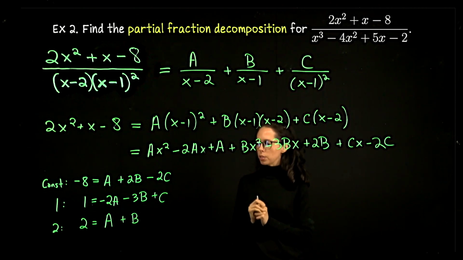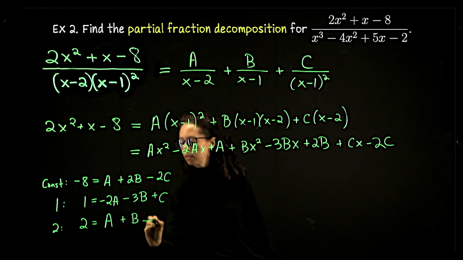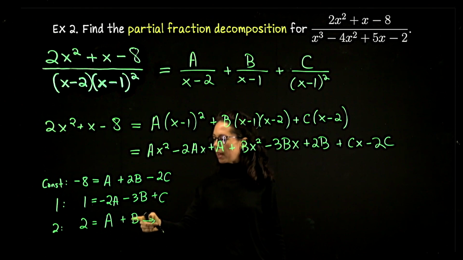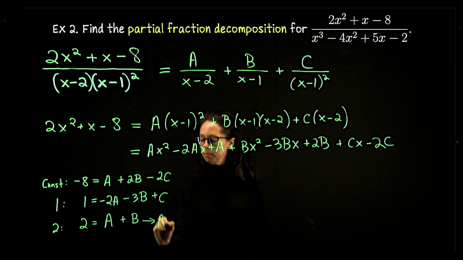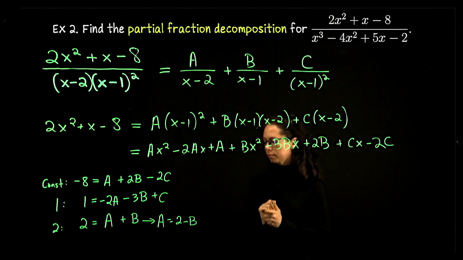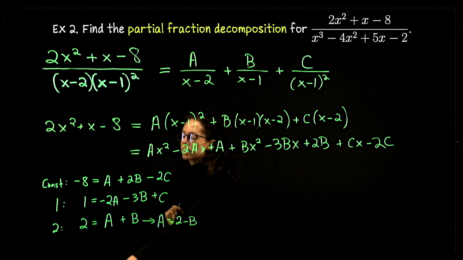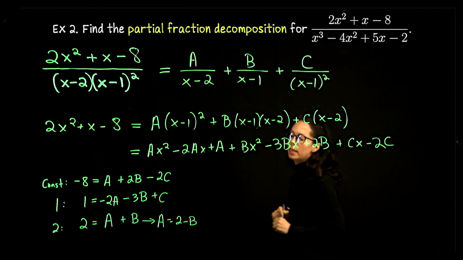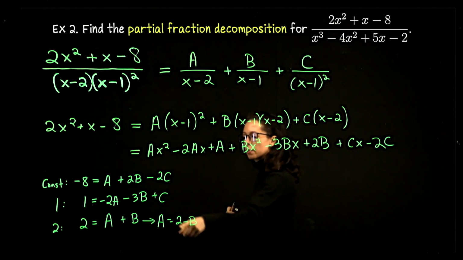Okay, I'm going to do substitution because this line tells me that a is 2 minus b. So now I can rewrite the first 2 equations where I will take a every time I see it and replace it with 2 minus b.